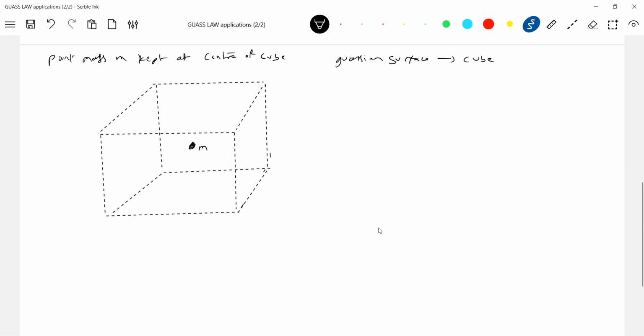At different points, what happens? The magnitude of E bar will be different, and the angle between E bar and ds also will be different. For example, I'll make a simple, plain diagram, which will be a little bit easier for you. So there's a mass. How will E bar be at this particular point? E bar should be directed towards it.